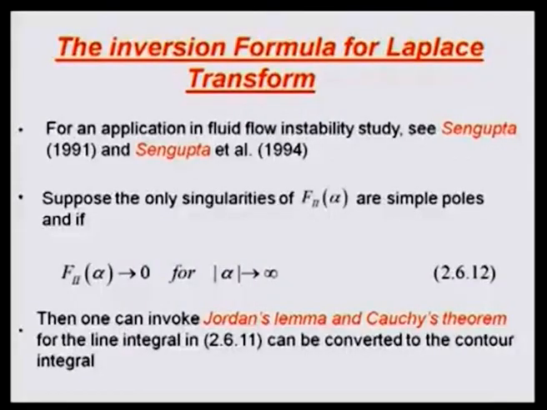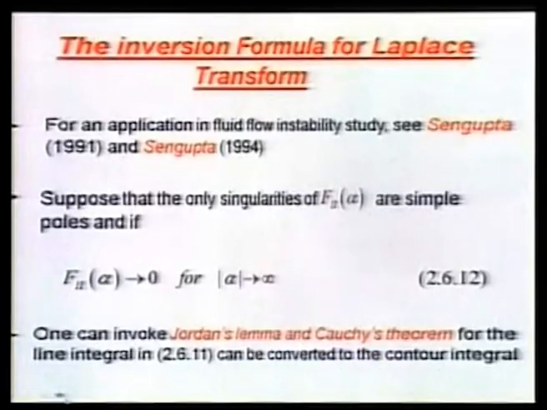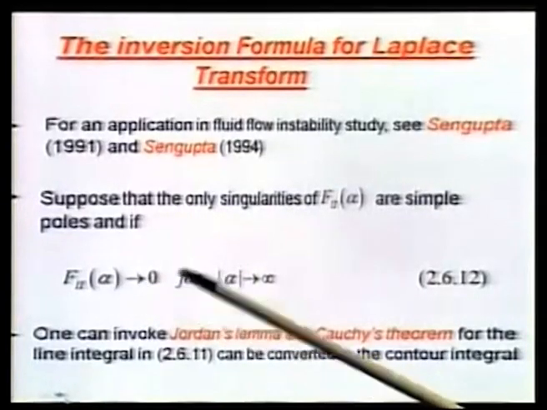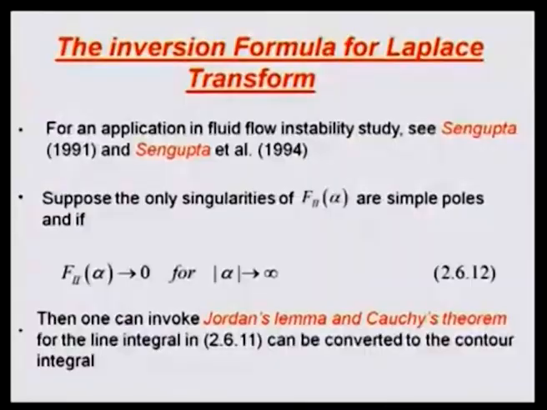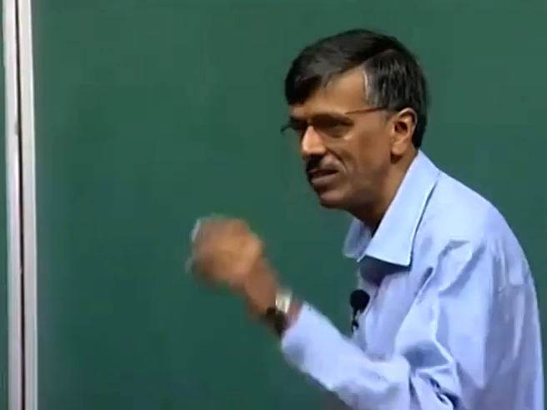That is what is called the Jordan's lemma, and the Jordan's lemma is valid only when the transforms go to 0. If a complex function has this property, then Jordan's lemma can be used, and Cauchy's theorem states what? For an analytic function, if I take a closed contour, the integral of f z d z is 0.